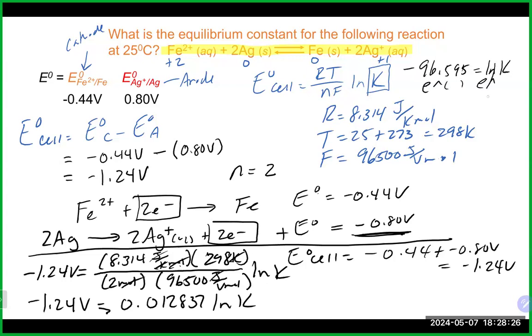That's going to get rid of the natural log, and that will give us a K value in this case of, call it, 1.1 times 10 to the minus 42, which I would classify as being small.